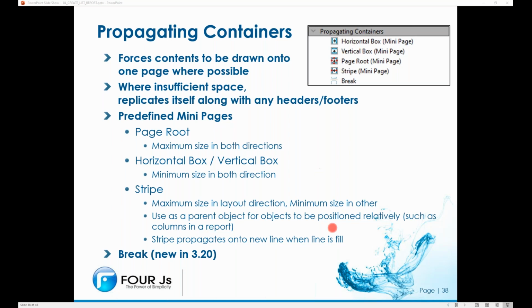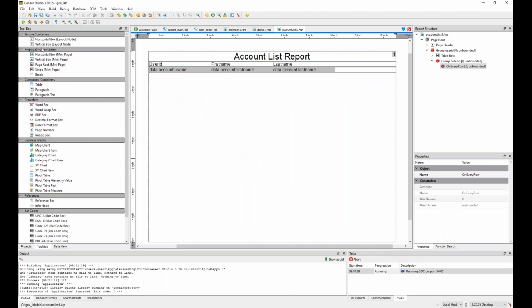So I can drag out a horizontal box, and then if I need to change it to a vertical box, I just go into properties and I switch some of the properties about and it becomes a vertical box. Really, these 4 different types of containers that are being provided are giving you starting points with some properties predefined, but they're all mini pages under the cover.